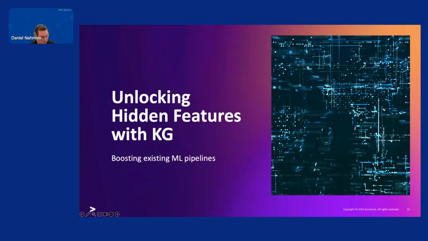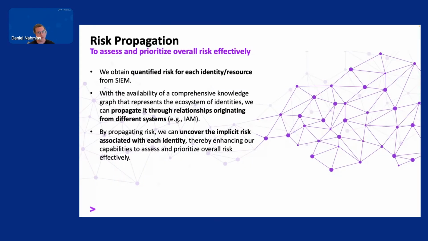So I'll describe a few algorithms we developed on our own that help us unlock hidden features that can boost our existing machine learning pipelines, which we wouldn't be able to do if we weren't using a knowledge graph. So, for example, there is risk propagation. We know that we have data that comes from the SIEM that quantified security events and gives us quantified risk about a digital identity.